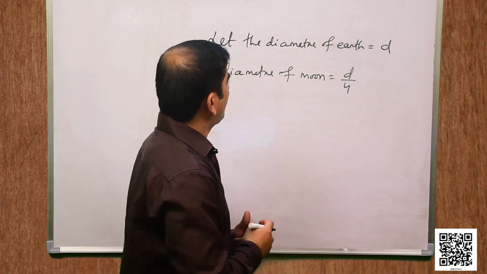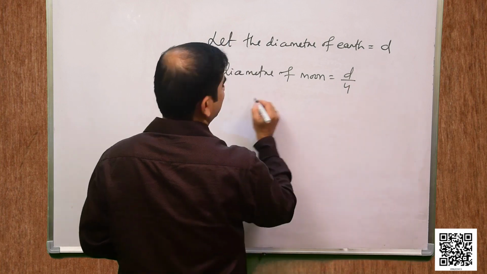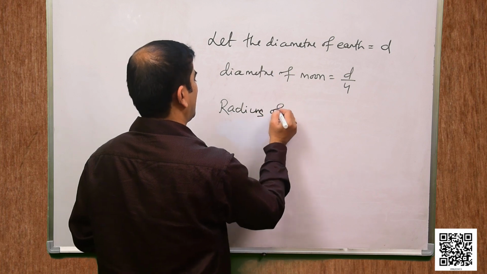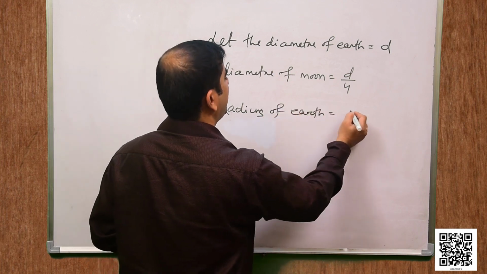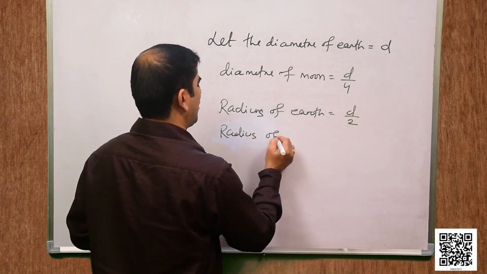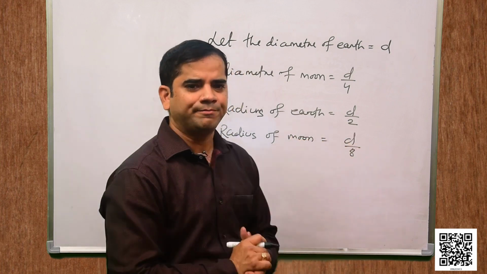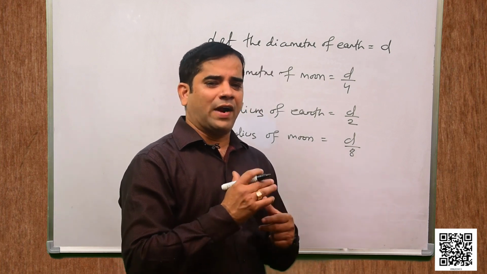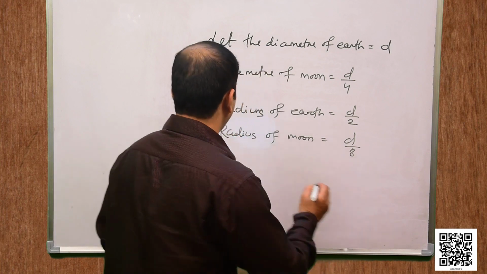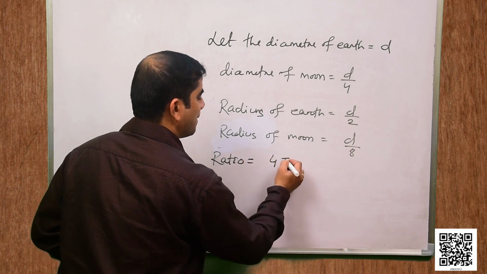Now, if d is the diameter of earth, so here radius of earth will be d by 2 and radius of moon will be d by 8. So, we need to find out the ratio of surface areas of moon to surface area of earth. So, the ratio will be equal to 4 pi.